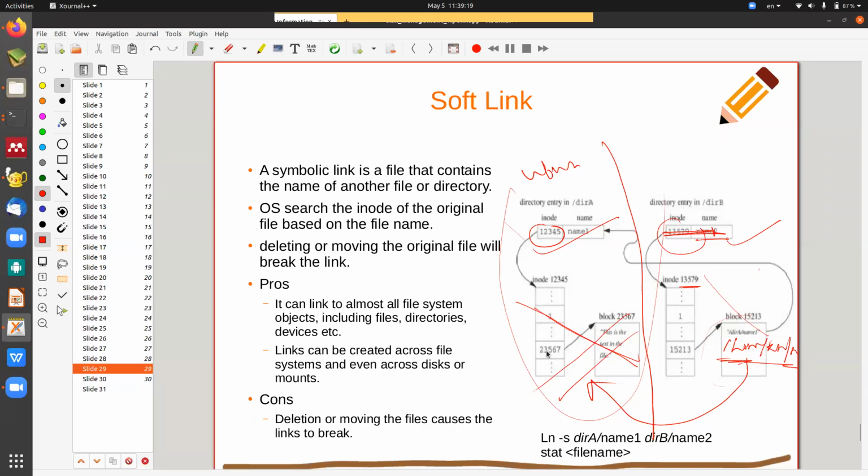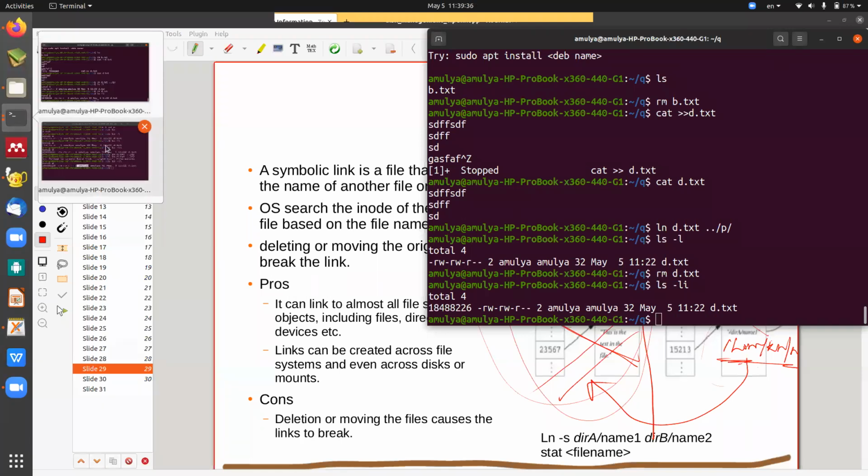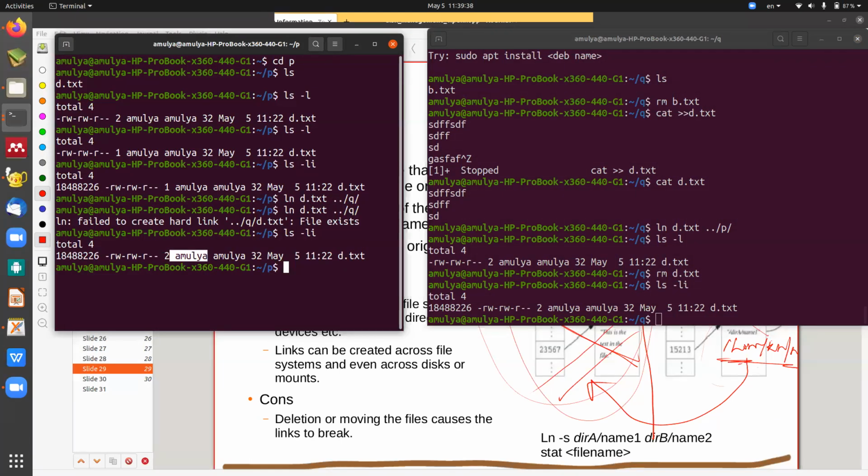He just knows that there is a file that exists, but this person has no idea that somebody has a link with him. Understood? This one was referring to that, but it did not know that somebody is referring to it. Now you can see why it is happening. Yes, just look into it carefully.